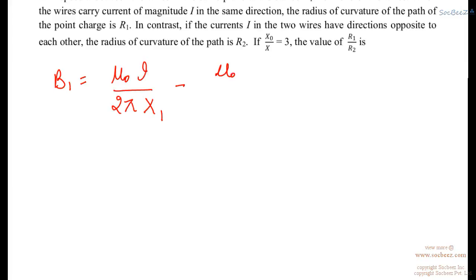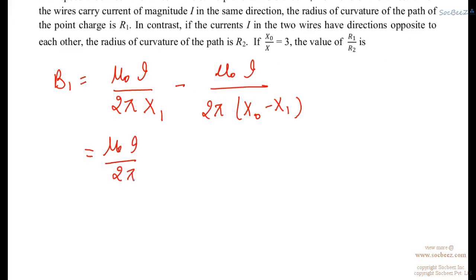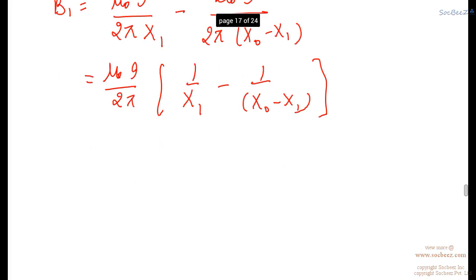naught I upon 2 pi x1 minus mu naught I upon 2 pi into x naught minus x1. So this comes out to be mu naught into I upon 2 pi 1 upon x1 minus 1 upon x naught minus x1.